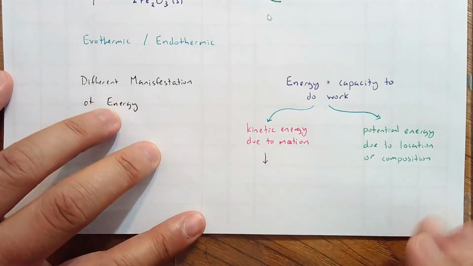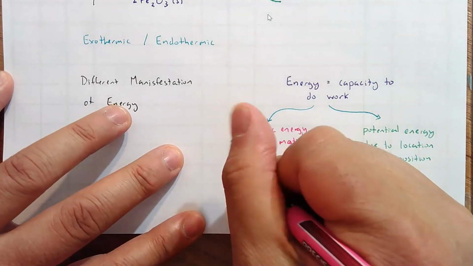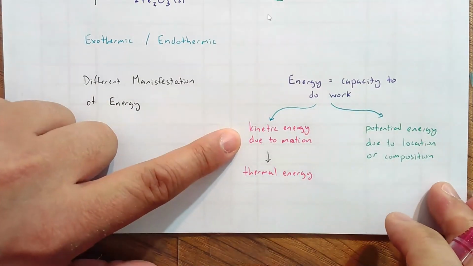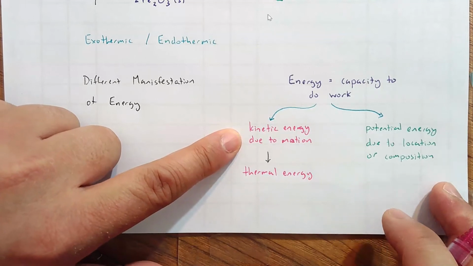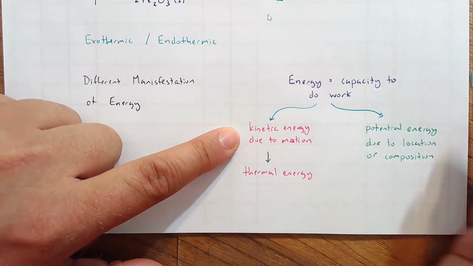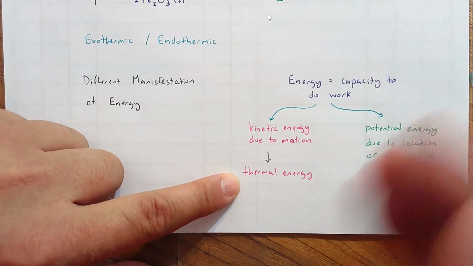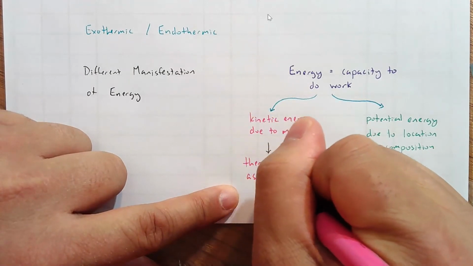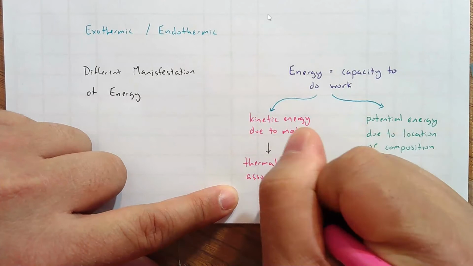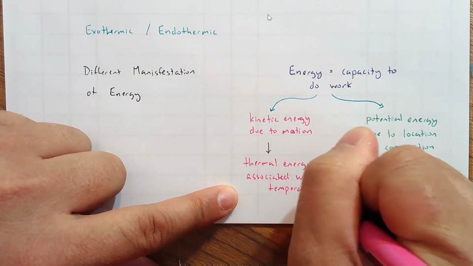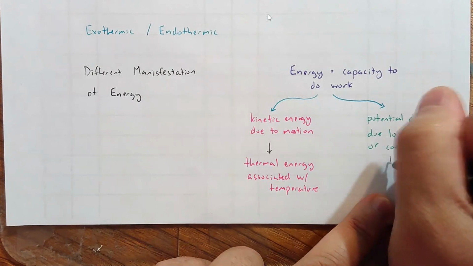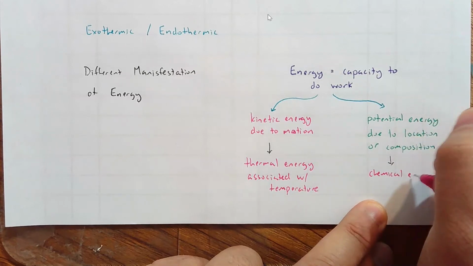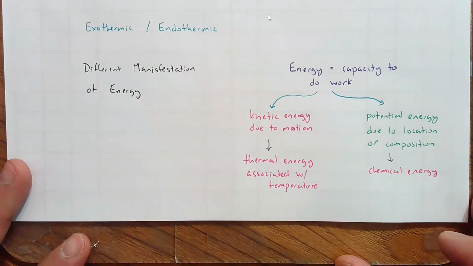Next, what's related to kinetic energy is thermal energy. Right? The motion of particles or atoms manifests itself as kinetic energy, and when any heat that's produced is transferred, that is thermal energy. And it's associated with temperature. Potential energy is chemical energy for most of the cases that we'll be looking at.